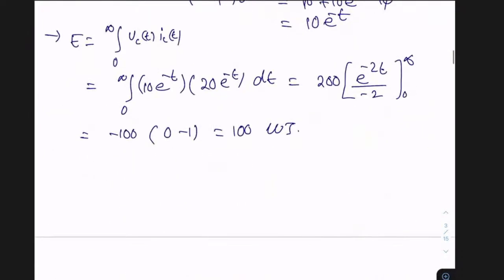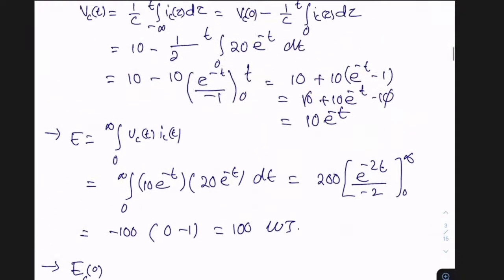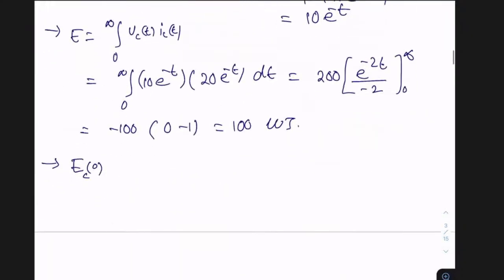So what you have to do is first find the initial energy, that is, the energy of the capacitors at t equals 0. This is half C1 V10 whole square plus half C2 V20 whole square.